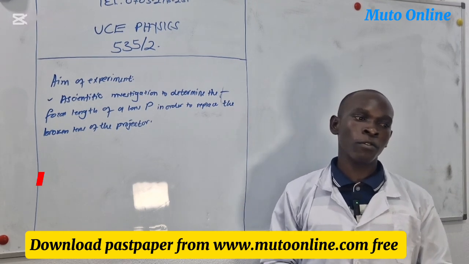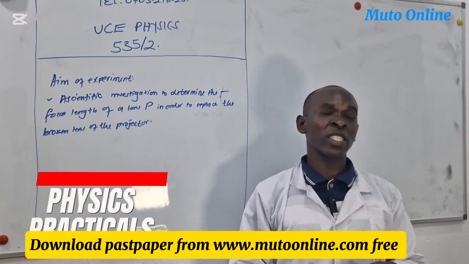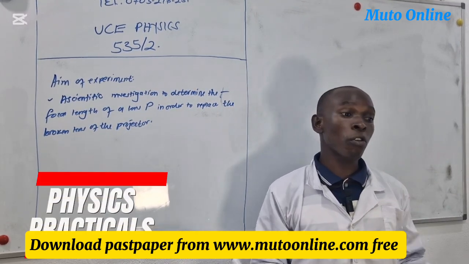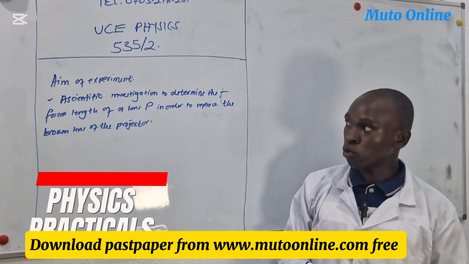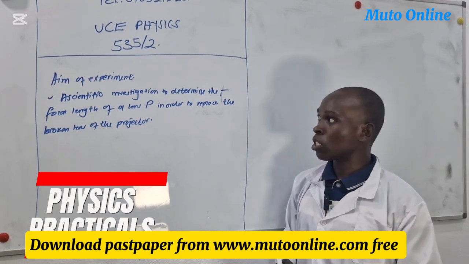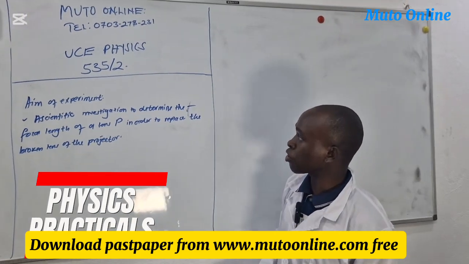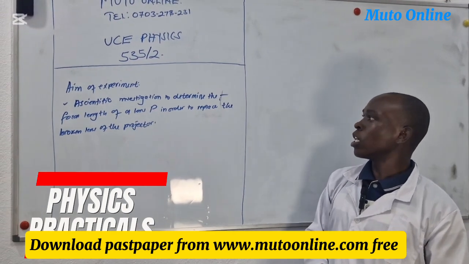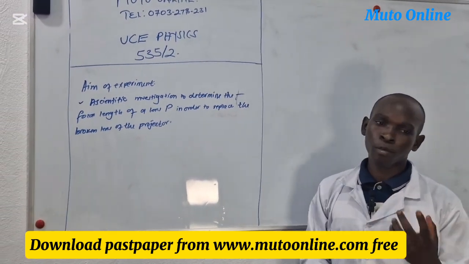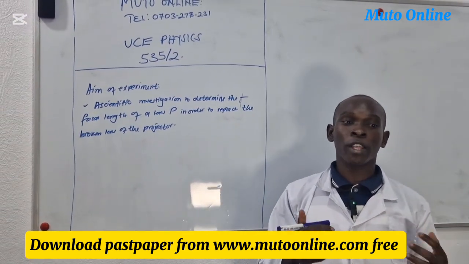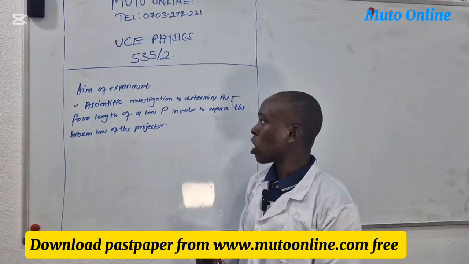It is very vital to state the reason such that you can scoop all the scores that you are supposed to get on that part. So the aim of the experiment is a scientific investigation to determine the focal length of the lens P in order to replace the broken lens of the projector. We have the reason and we have the aim, so you have a score of 2.